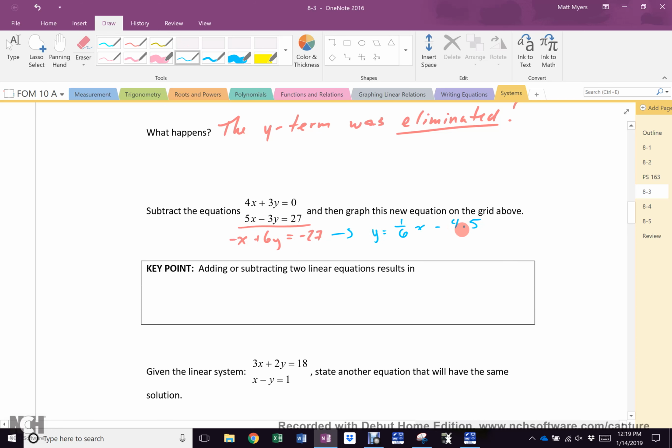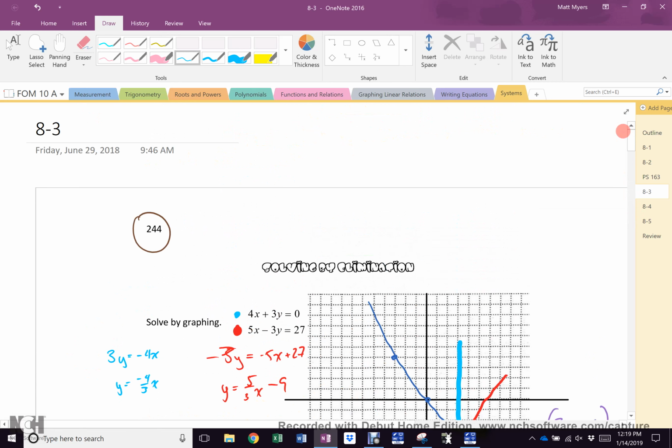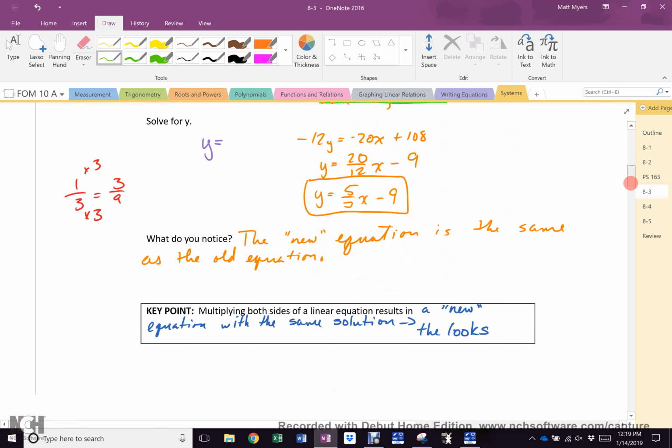Now, if I were to put that on my graph, and again, you don't have to do it, you can just watch me. Negative 1, 2, 3, 4.5 right there, correct? Slope of 1/6, up 1, out 1, 2, 3, 4, 5, 6. Where did that line go? Right through the same solution again.